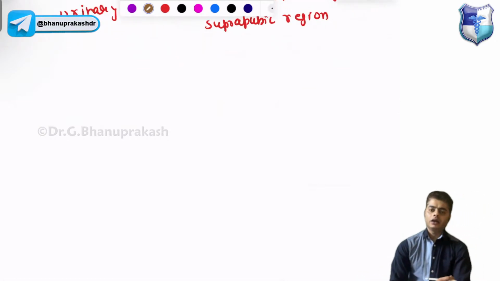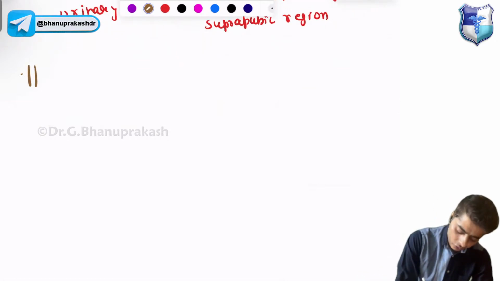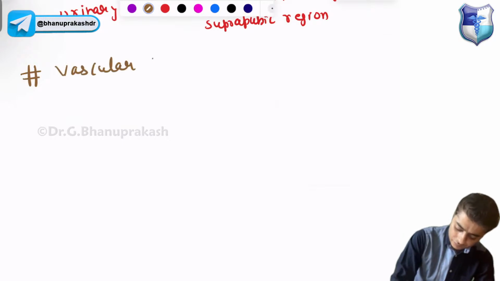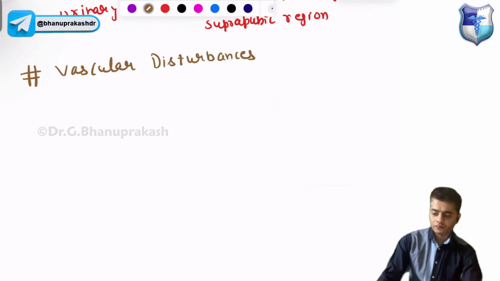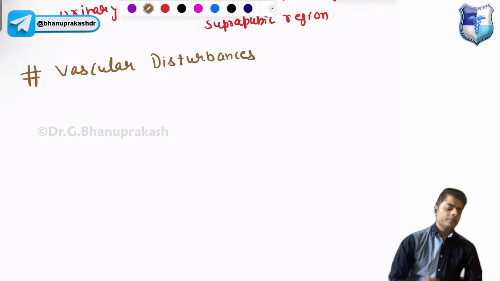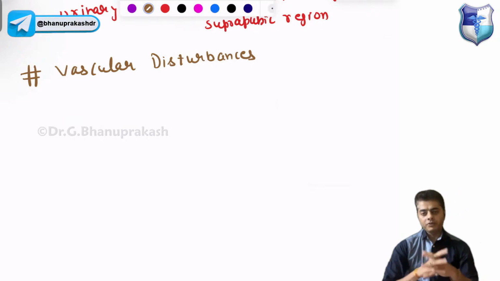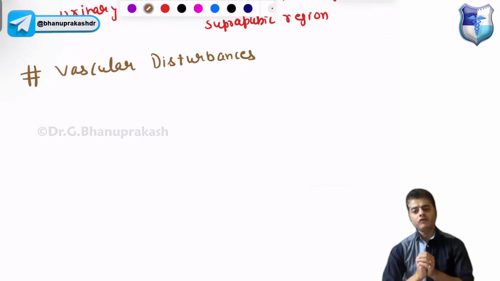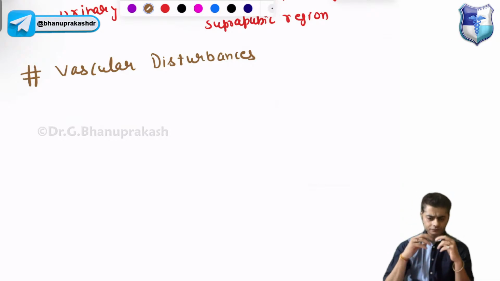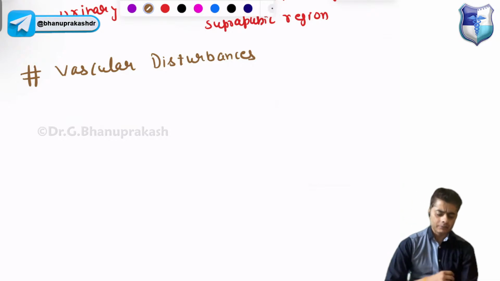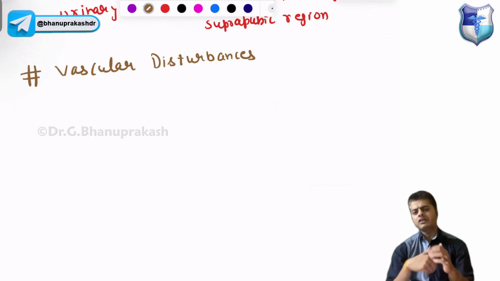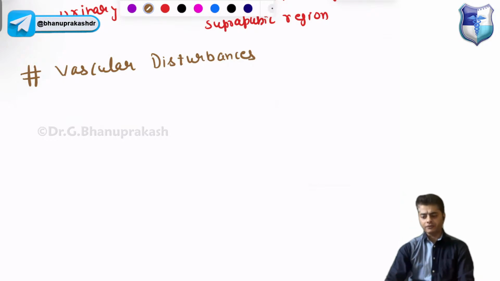Now we'll move to another heading, that is pain due to vascular disturbances. A common misconception earlier was that pain due to vascular causes like embolism or thrombosis of the superior mesenteric artery would be sharp shooting pain, of increased frequency. But what we have seen is that the pain in vascular disturbance is also a steady kind of pain.